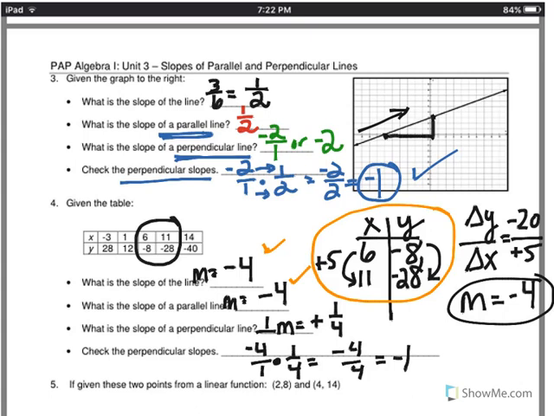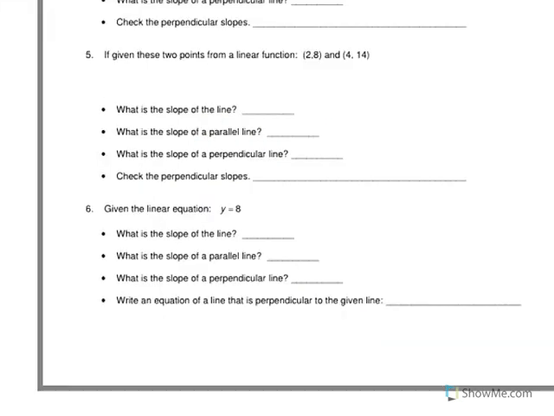Perpendicular lines have opposite and reciprocal, so the opposite of negative is positive, and then take 4 to make it into a reciprocal. We put a 1 under it, and then you can flip it. And then to check the slopes, we multiply the two slopes together to get negative 1, and that proves that they're perpendicular. Okay, let's try number 5.